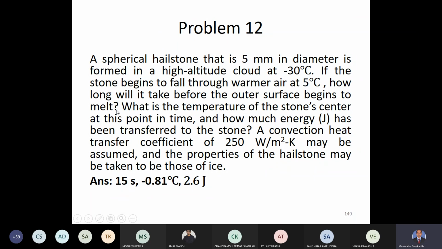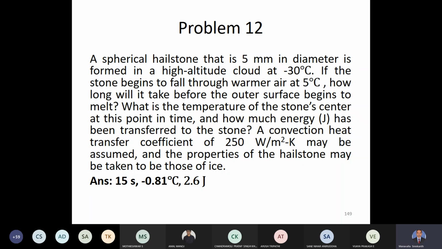That means how long will it take for the surface to reach 0 degrees Celsius? Then what is the temperature of the stone center at this point of time? So we have to find the center temperature when the surface starts melting, and how much energy has been transferred to the stone. So three questions to be answered. Okay, so let us try and answer these three questions.